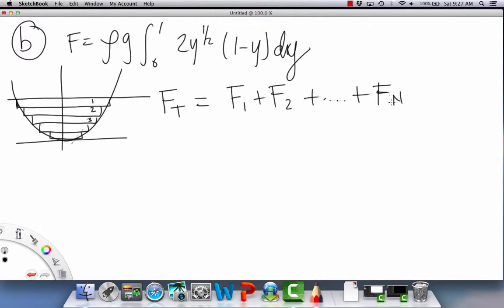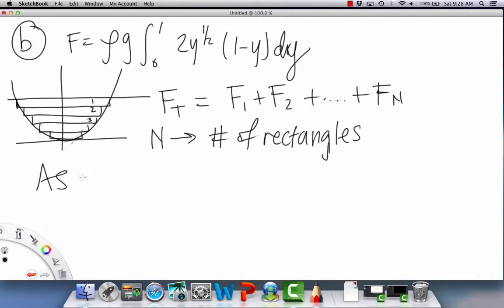Okay, so remember n in the approximations that we've done before, that equals the number of sub-intervals. So this is going to correspond to the number of rectangles, right? So as n goes to infinity, this is our explanation part.